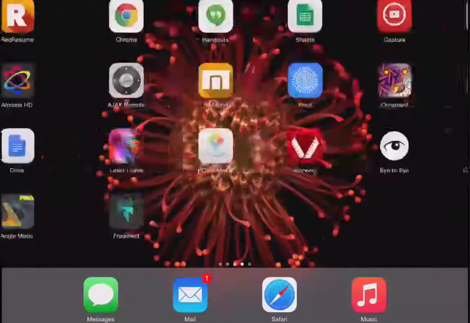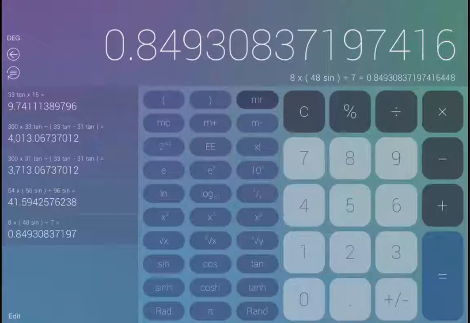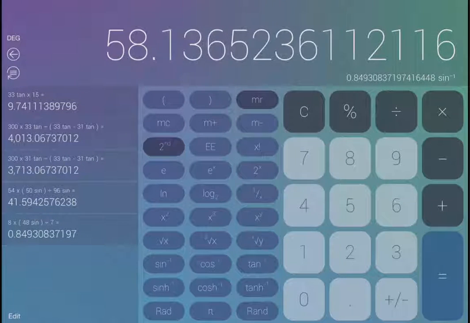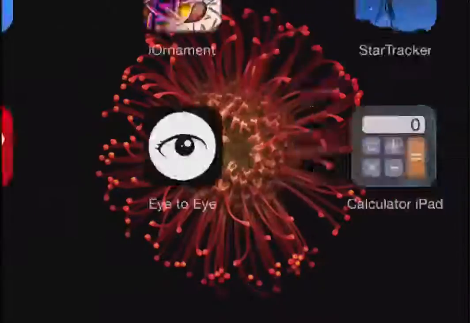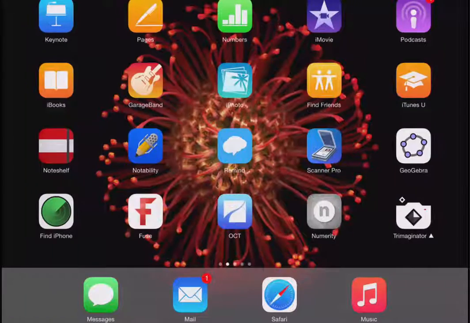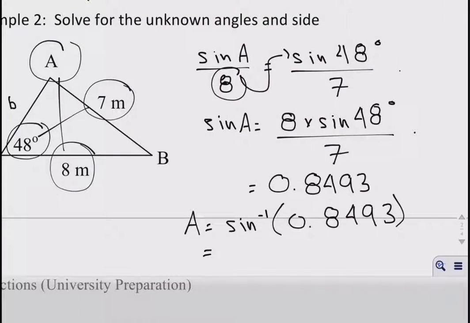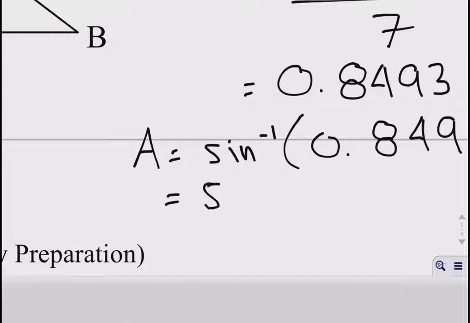Same number. We take our second function, sine inverse, and we get 58 degrees. We'll round to the nearest degree. So that's 58 degrees.